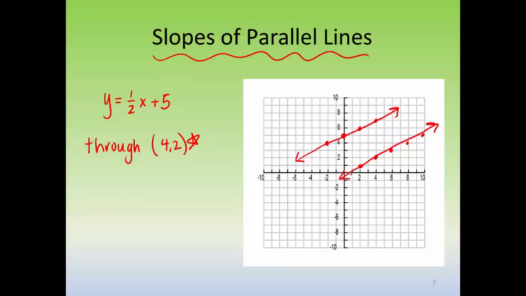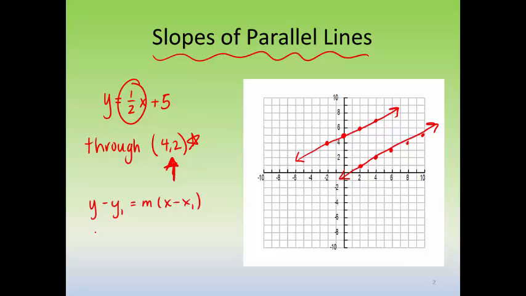So then I might need to know exactly what is the equation of that line. Well, since I know that my slope is 1/2 and an ordered pair that it is passing through is 4, 2, then I can use that information and the point slope formula, y minus y1 equals m times x minus x1, to write the equation of this line.